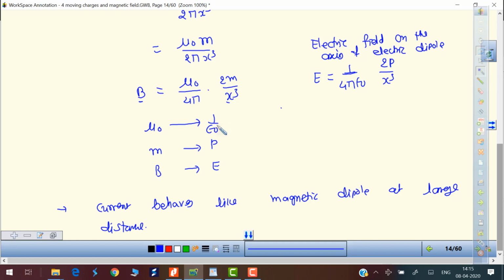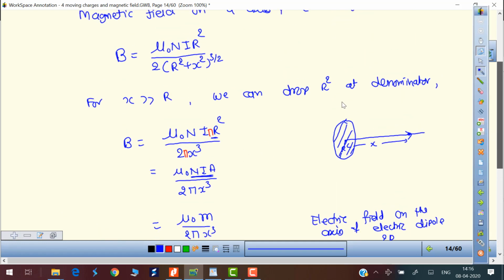Okay. So using this also we can add one more thing. What is the electric field on the equator? This is on the axis, and on the equator we know that 1 upon 4 pi epsilon naught, minus p upon r cube. So same thing you can write here, what is the magnetic field at this point.